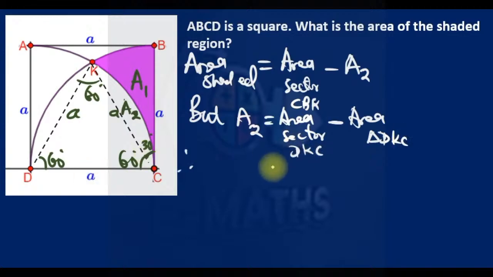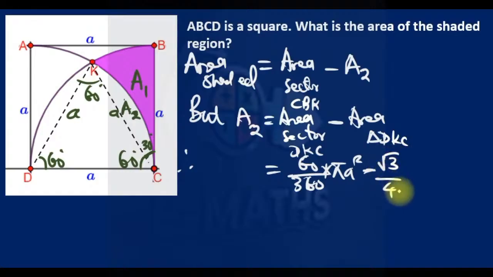This is equal to sector: we have 60 over 360 times pi a squared. That's the area of a sector, minus the area of the triangle. This is an equilateral triangle. We have a special formula which is root 3 over 4 times side squared, and the side is A. So area of an equilateral triangle is always root 3 over 4 times the side squared.